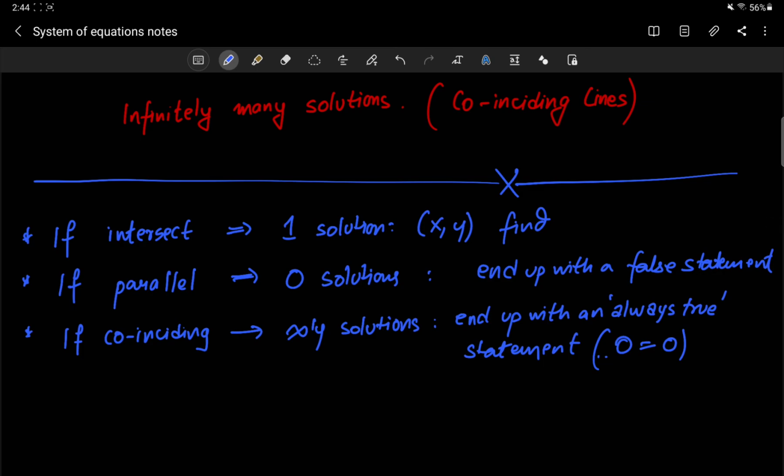That's it for this video. So what we have shown here is a method to solve a system of equations, and then also how to interpret those results in accordance with what we saw before, which is the three possible cases of one solution, no solution, and infinitely many solutions.